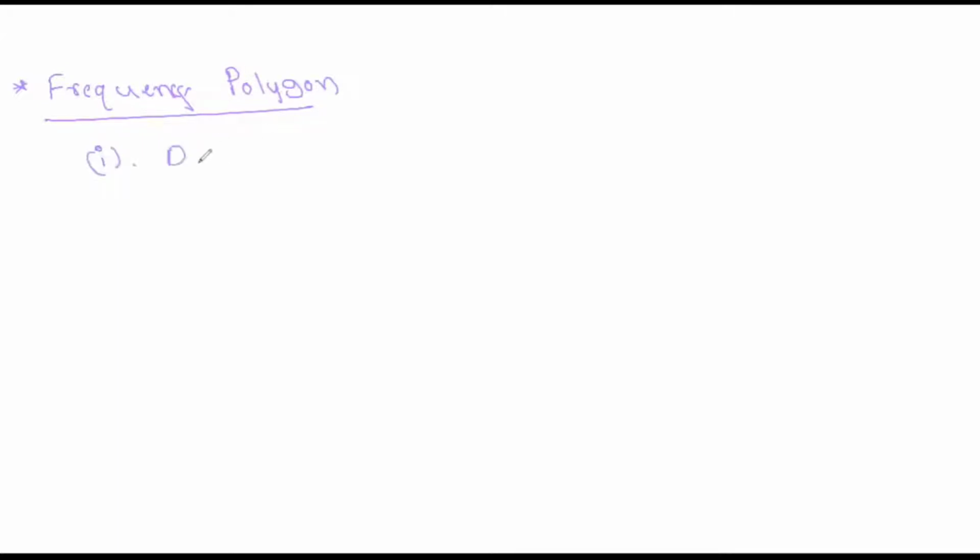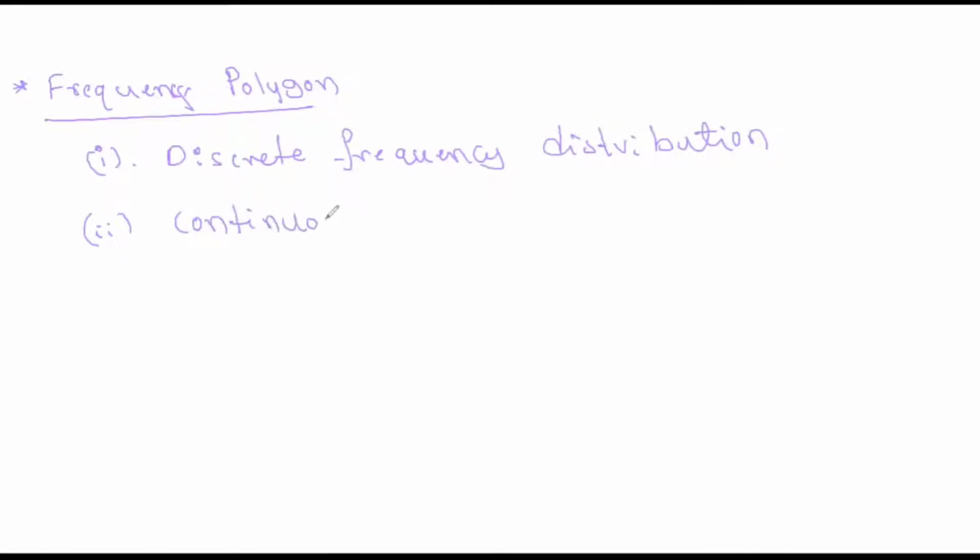The first one is discrete frequency distribution, and the second one is continuous frequency distribution, right?